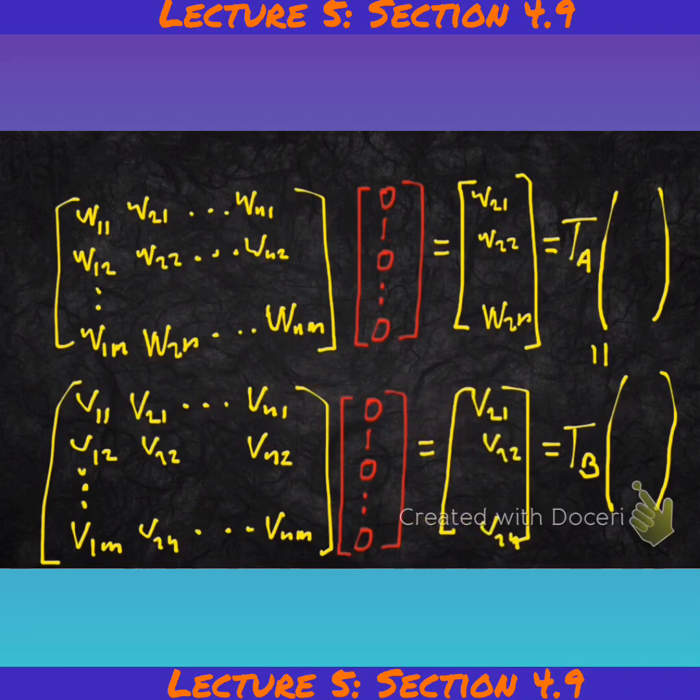Again, we know that equality holds with respect to all the vectors. So T of that vector is always going to be the same, and T of that vector is always going to be the same.